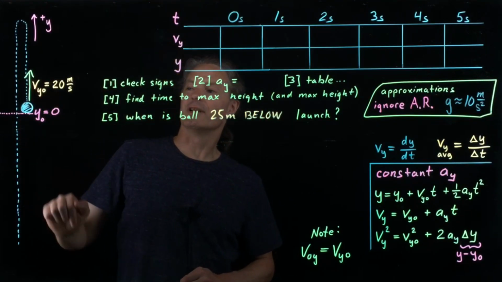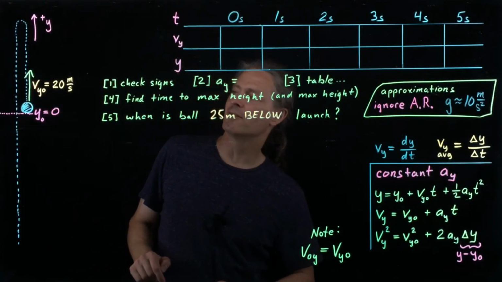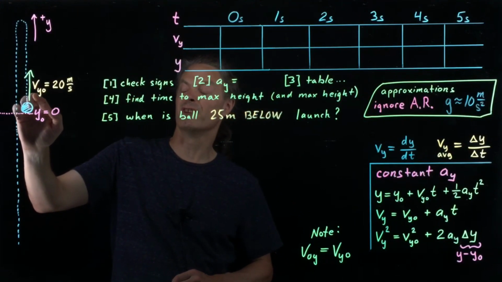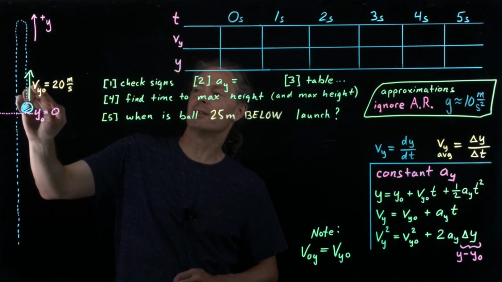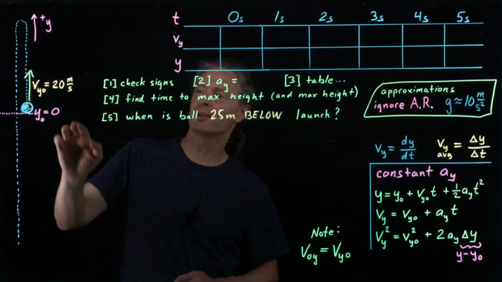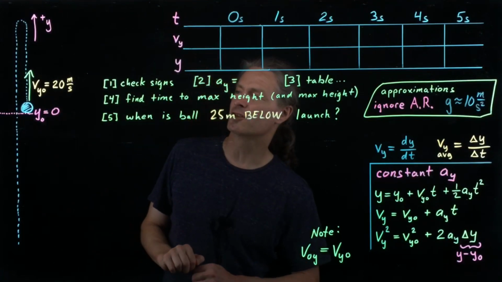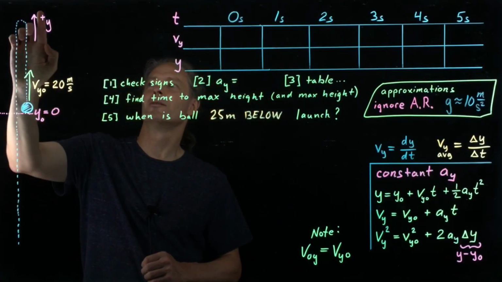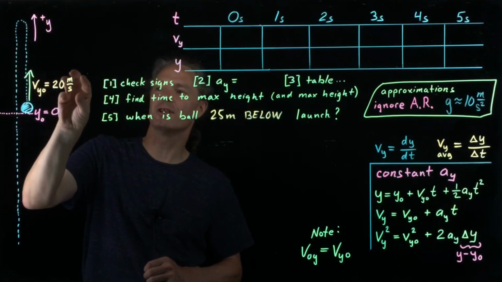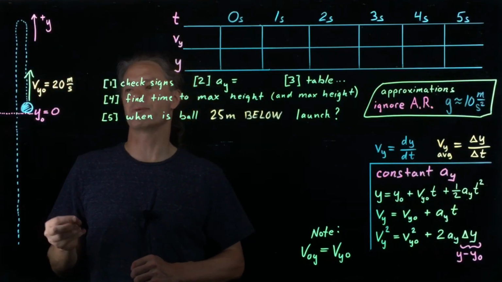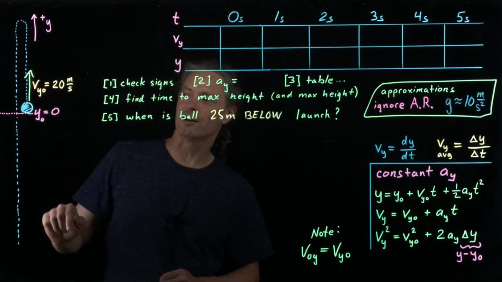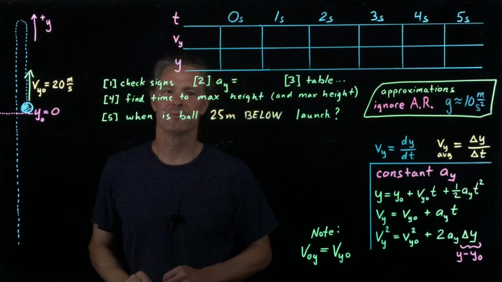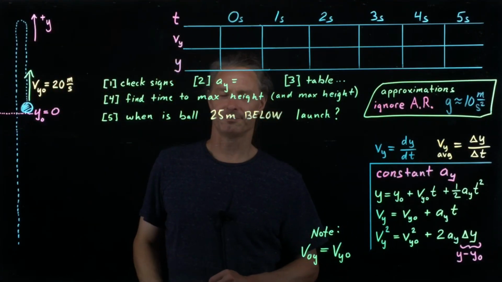This arrow is indicating the initial velocity of the ball, the initial y component of the velocity. I've said that the initial velocity in the y direction is positive 20 meters per second. Now, if up is the positive y direction, then a positive number here should represent an upward direction. So that's all self-consistent. So everything looks good.